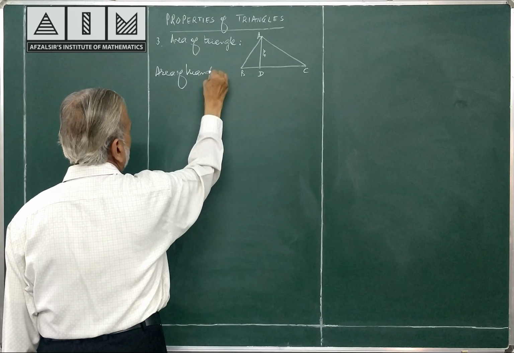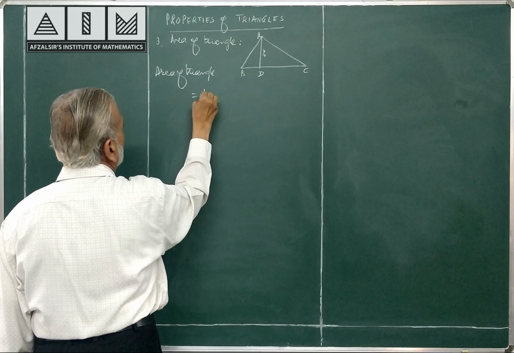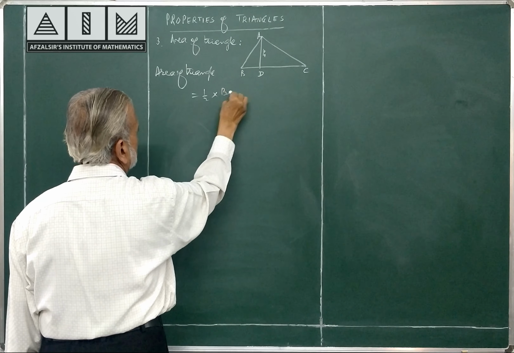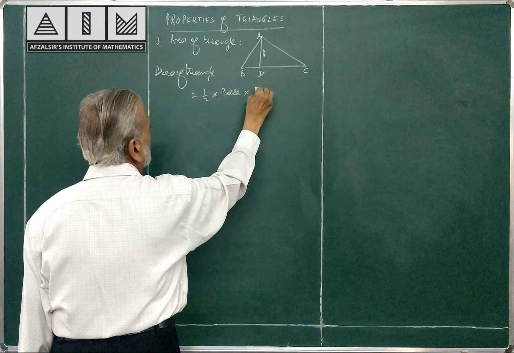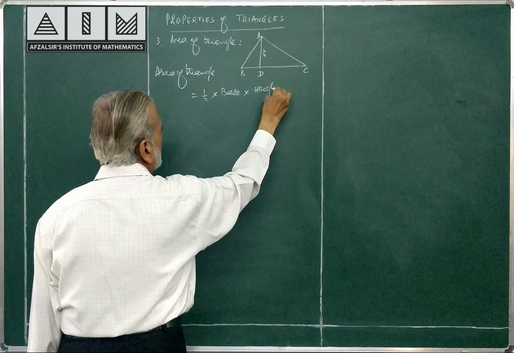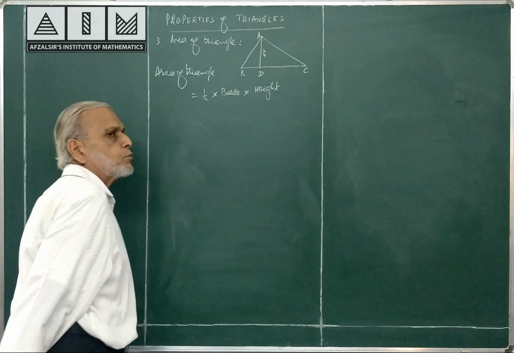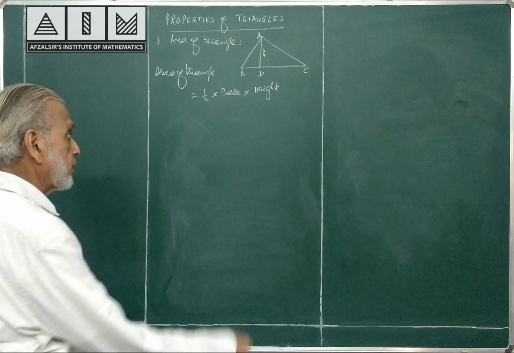The basic formula is 1 by 2 base into height. One by 2 base into height. I am starting, please see.